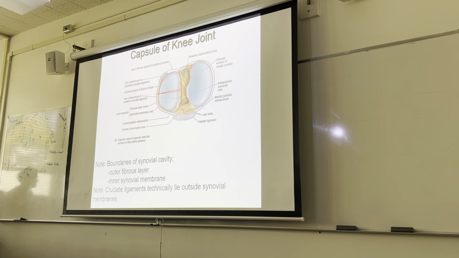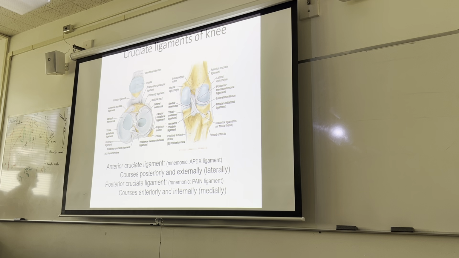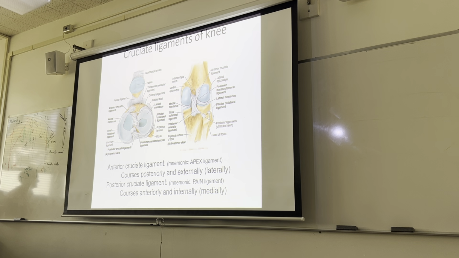Look at the articular surface of the tibia. Okay. Compare the shapes of the two menisci. So the lateral meniscus and medial meniscus, slightly different shape.